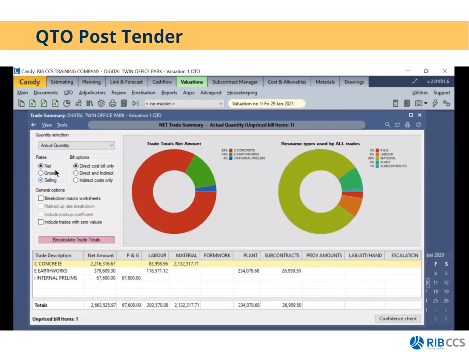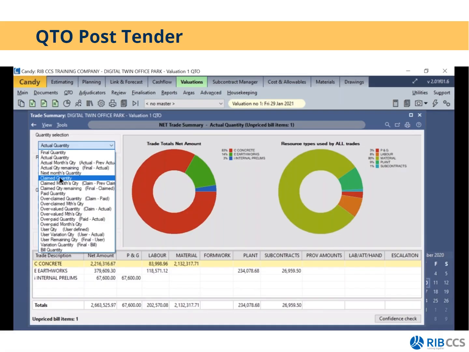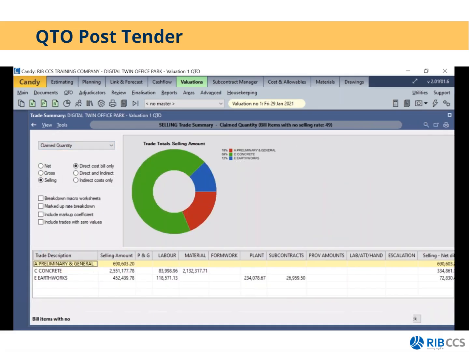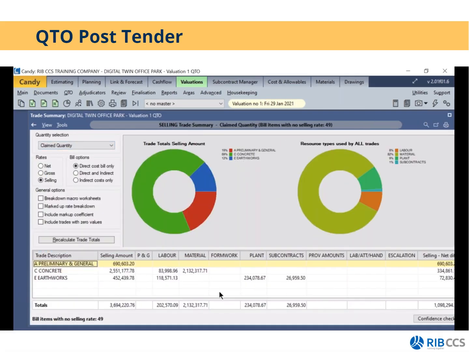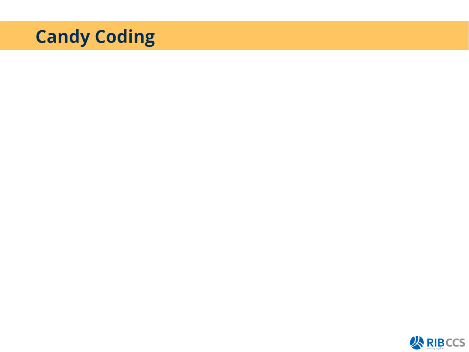Or I can base it on my selling rates using my claimed quantity, calculate there. Then I'll see how much I'm claiming to the client. I can also see that in the pie chart diagram at the top, and I can also view the percentage values over there, which is very nice. That is then the end of my valuation section.